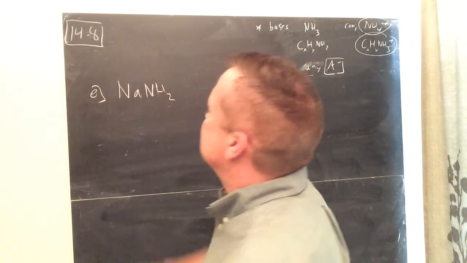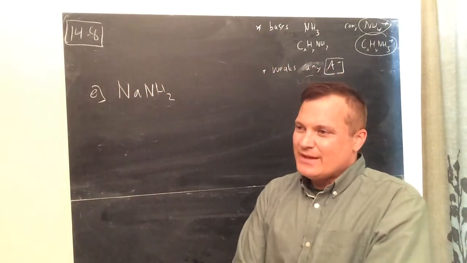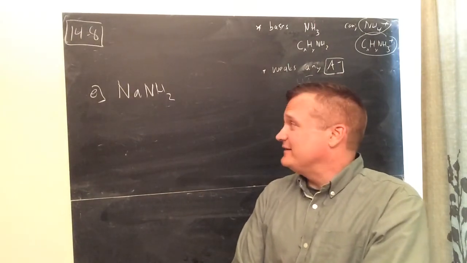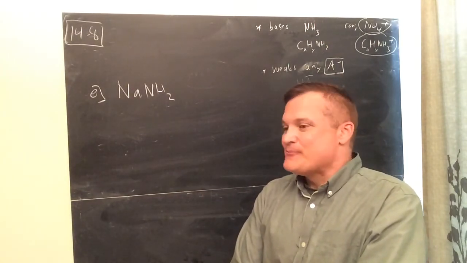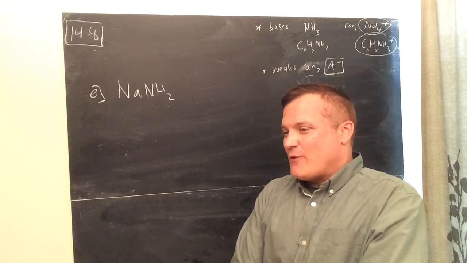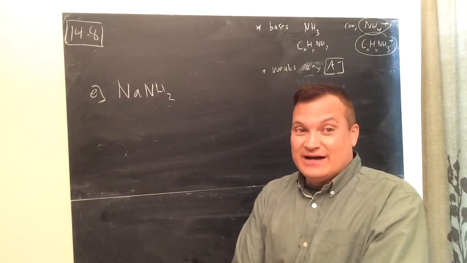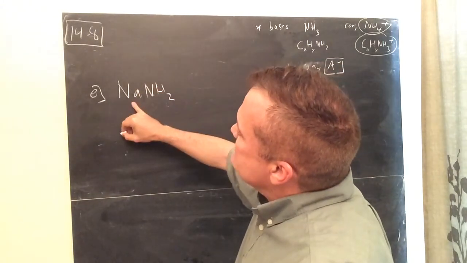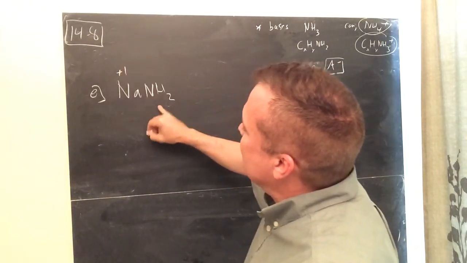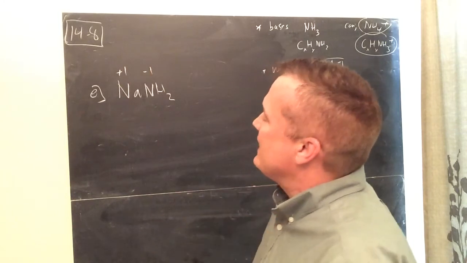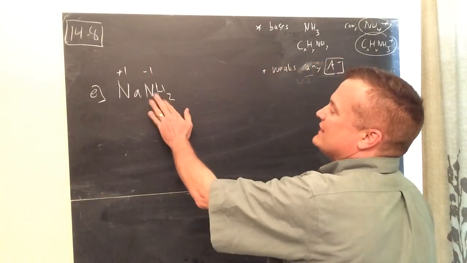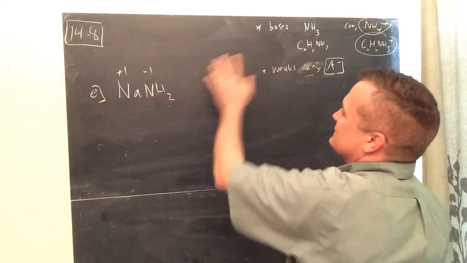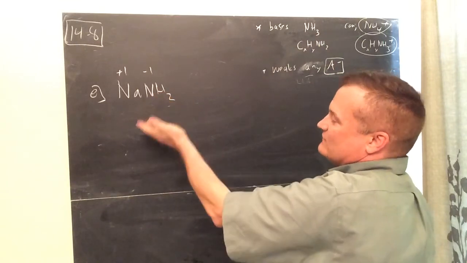Now, this is from your textbook, NaNH2. Now, that's another polyatomic ion, NaNH2. And that would be the amide group. So you know that sodium is always plus 1, so the NH2 must be negative 1. Okay, can you see that NH2, yeah, it's a conjugate, and it will affect water.